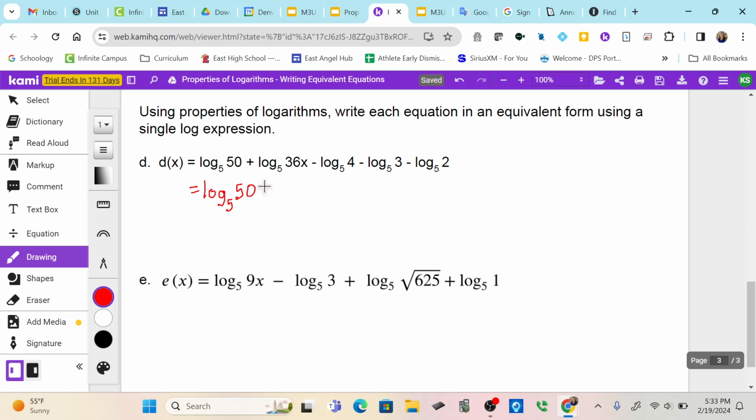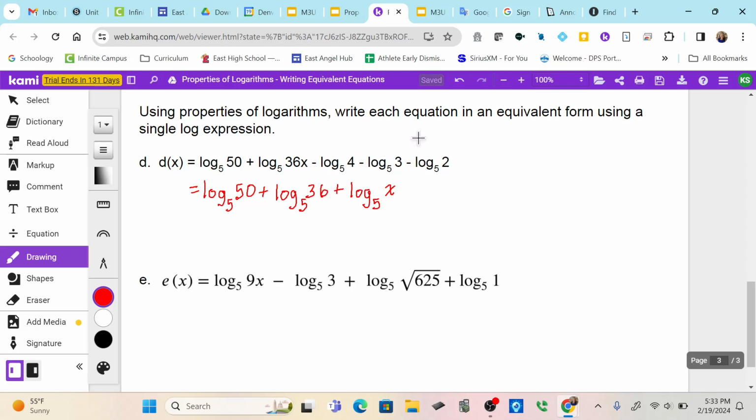But then I'm going to expand log base 5 of 36 plus log base 5 of x. So I have a product of two factors. I can write that as an addition.